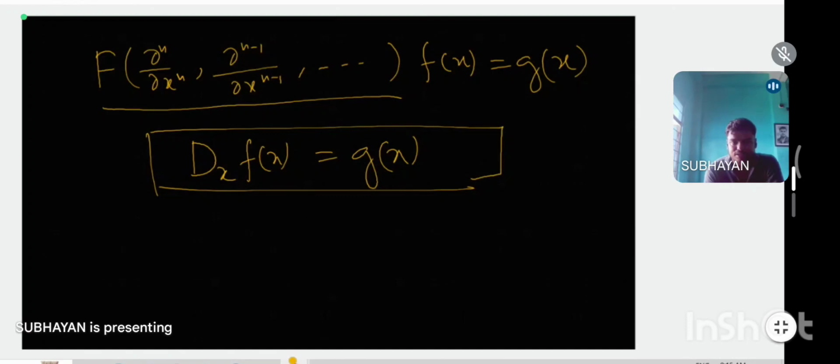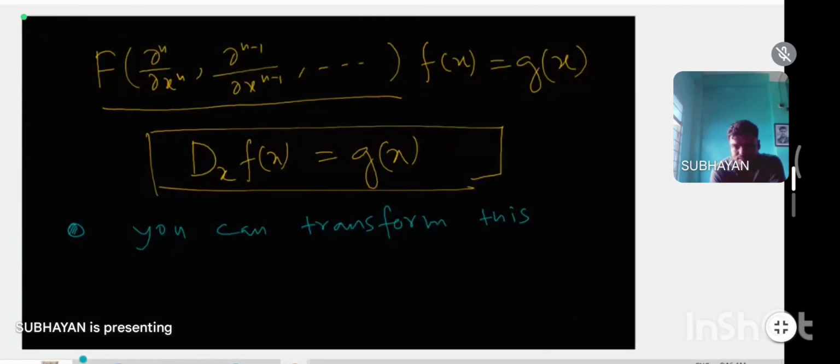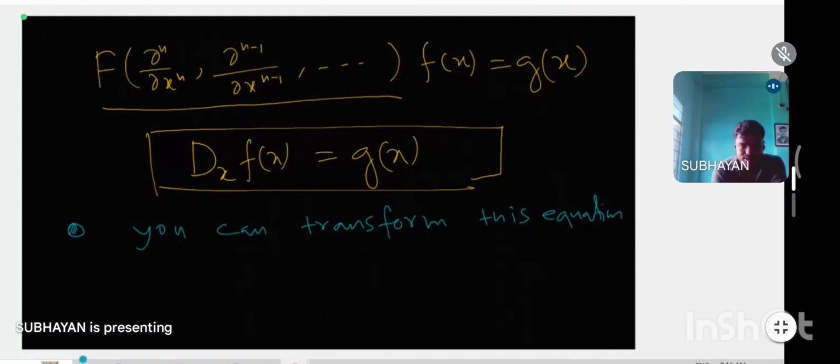So in general, you can write in one dimension the general form of an inhomogeneous differential equation. Clearly, you can transform the expression of this equation into the abstract form.